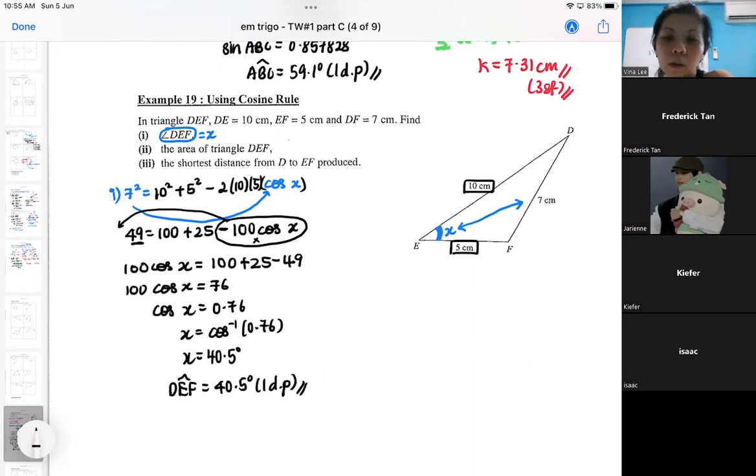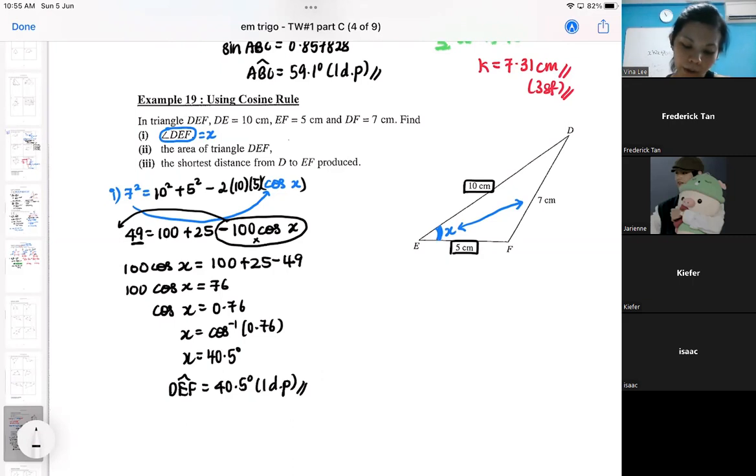So if you are using the cosine rule to find an angle, you cannot directly punch everything. There are some numbers attached to the cosine X, so it's multiplied to the cosine X. You have to reshuffle them carefully first.